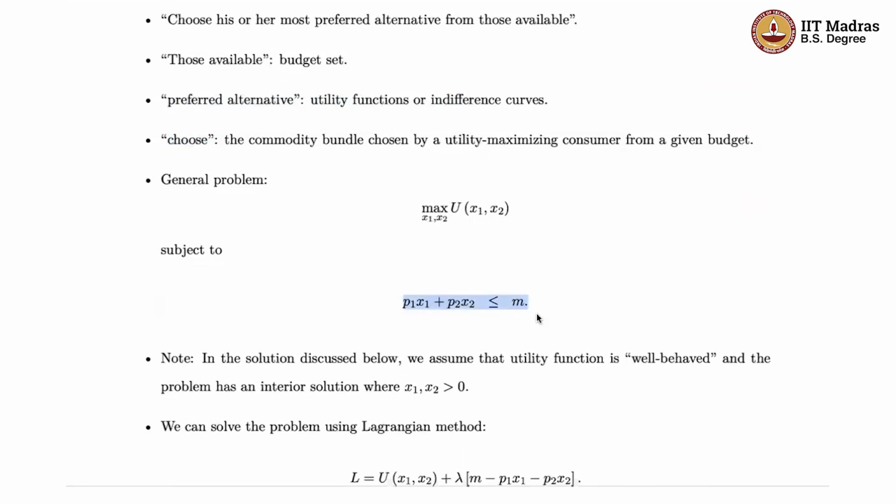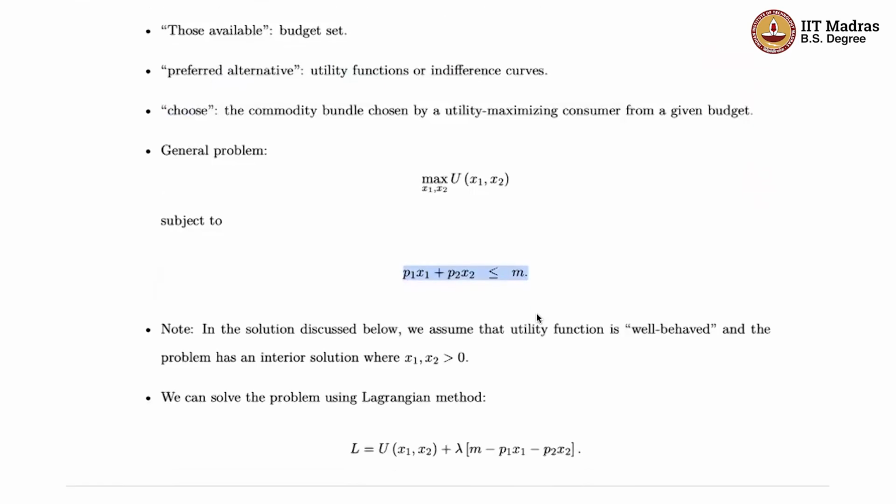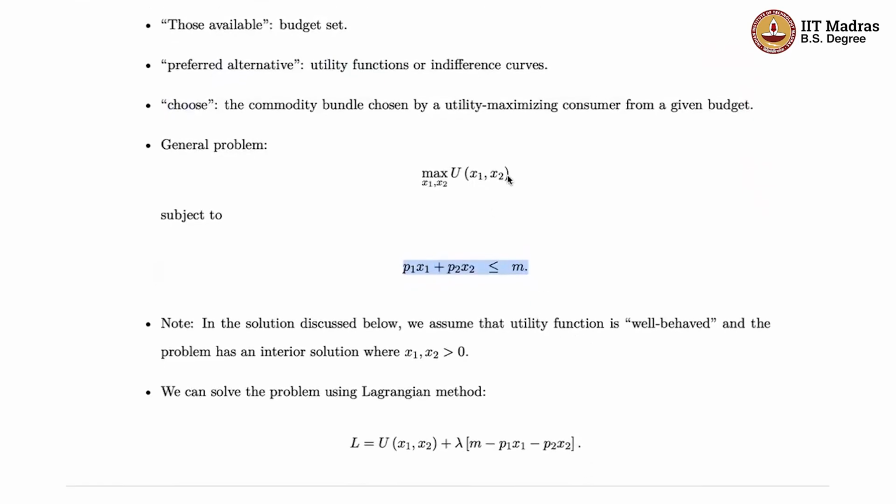Okay. Now we are going to discuss a particular solution here. We are going to assume that the utility function has several nice properties, right? So that it is well behaved. We are not going to go into details of what well behaved means, but basically all of that will lead to nice solutions. And we are going to assume that the problem has an interior solution, where at the end the solution would involve choosing positive amounts of both the goods, right?